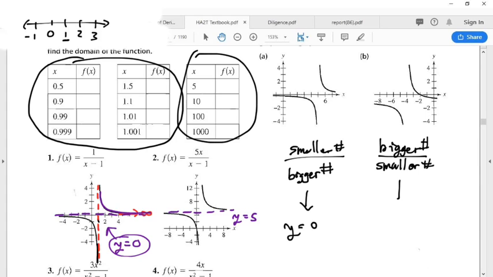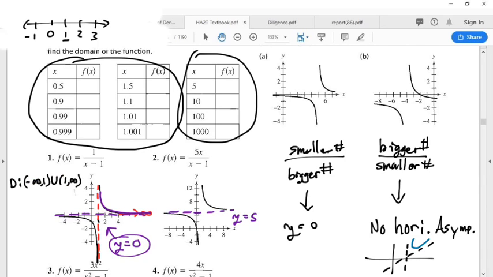Well, what happens if you get a bigger number on top and a smaller number on bottom? That is no horizontal asymptote. All right, I got too much going on here. Let me delete this right here. You can't fully abbreviate the word asymptote because it doesn't look right. But there's no horizontal asymptotes. So what is there?